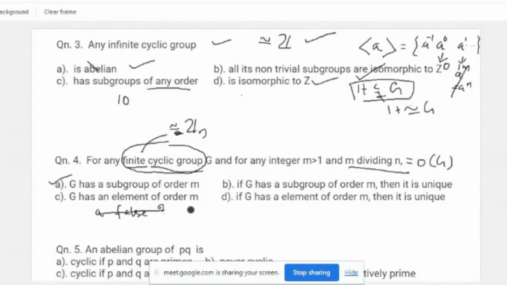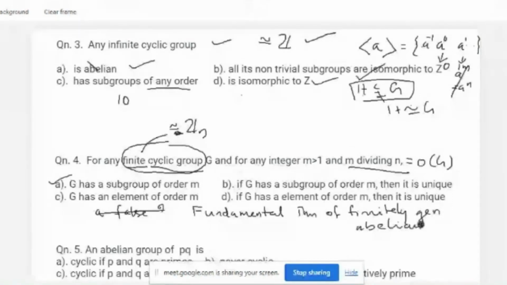And this is assured by the fundamental theorem of finitely generated abelian groups. Do all of you know what the fundamental theorem of finitely generated abelian groups is? This theorem gives the complete structure of every finitely generated abelian group. If you know the order of the group, you can see how many abelian groups there are of that order.